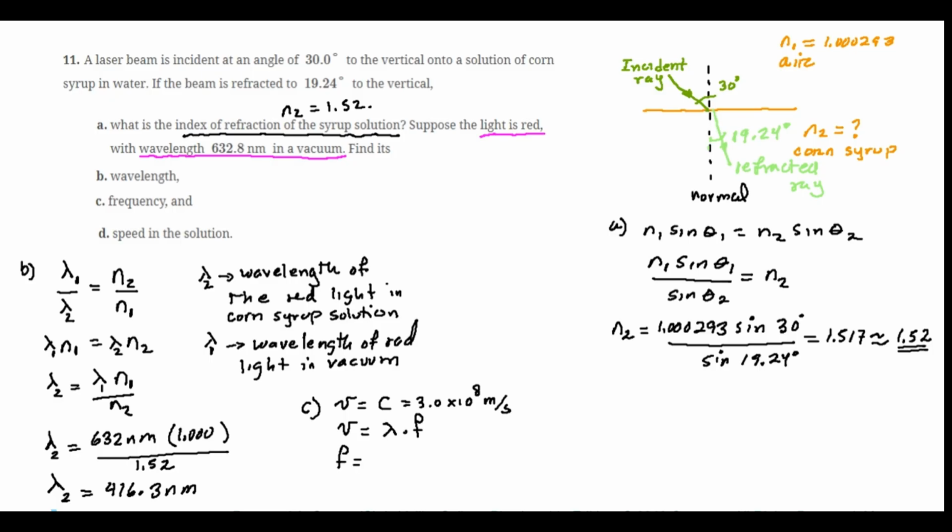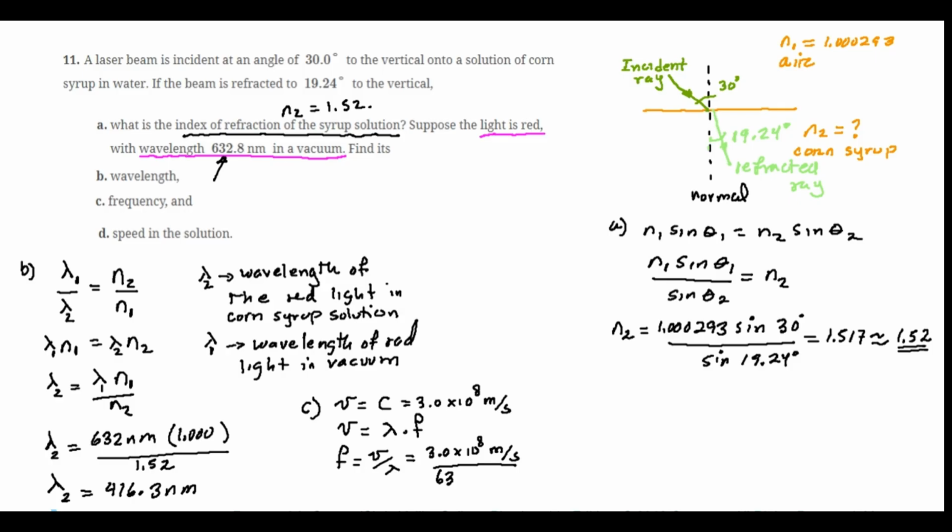So the frequency is 3.0 times 10 to the 8 meters per second divided by the wavelength in vacuum, which is the given value of 632.8 nanometers.